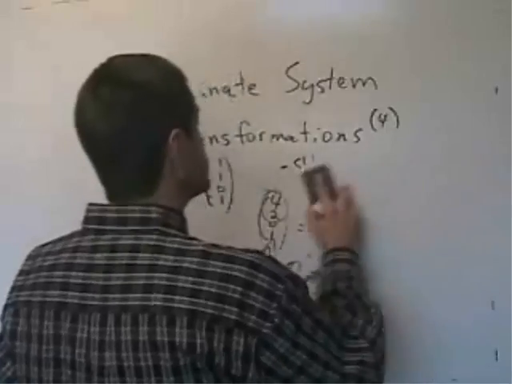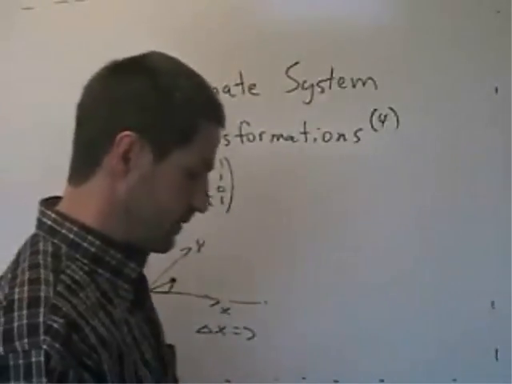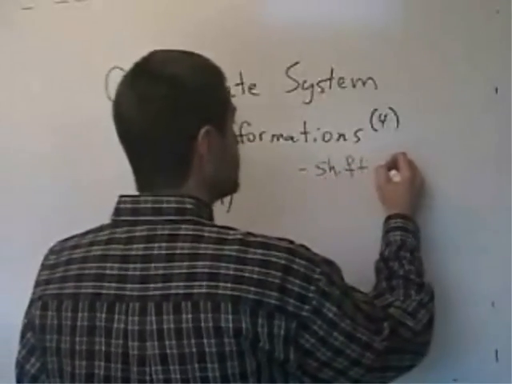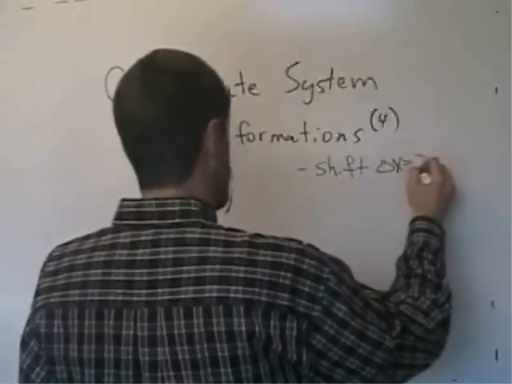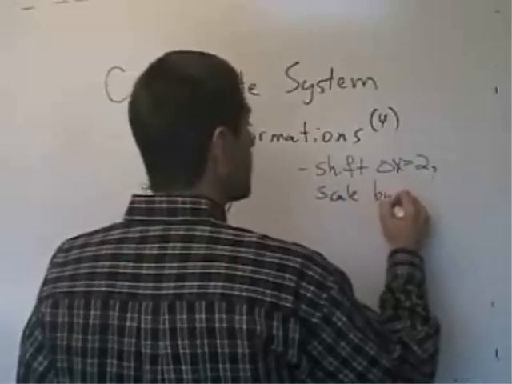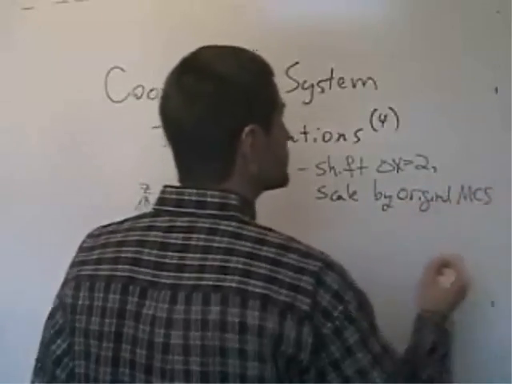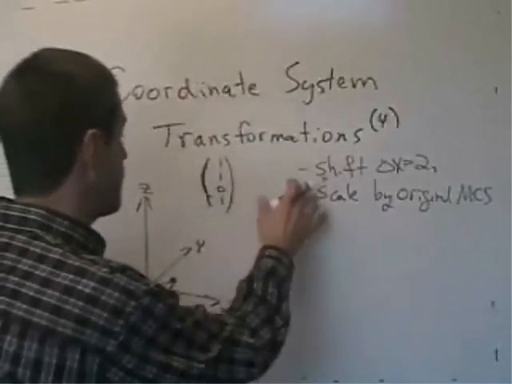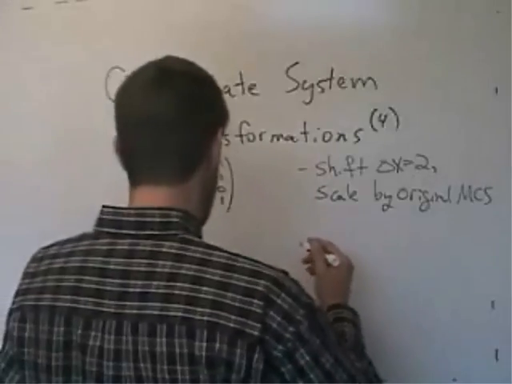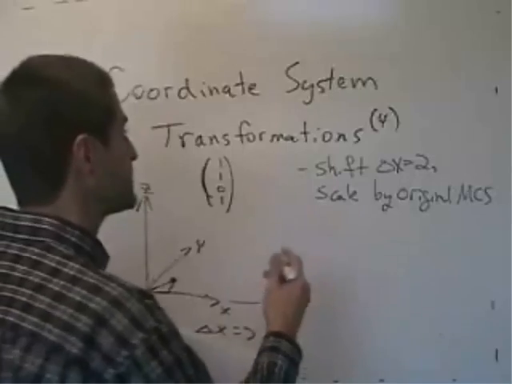Now let's suppose we shift and then scale by the original MCS. So now what we're doing is relative to the original coordinate system. Remember, when we do anything relative to the original coordinate system, we do it in the opposite order.